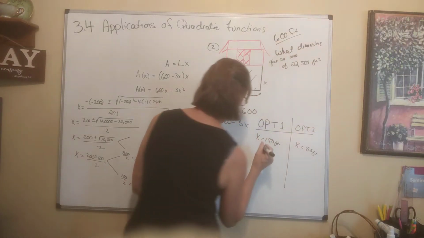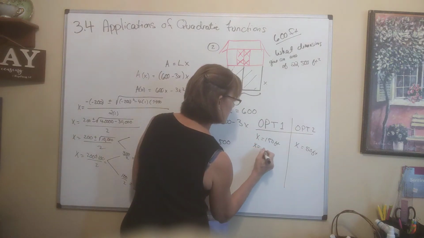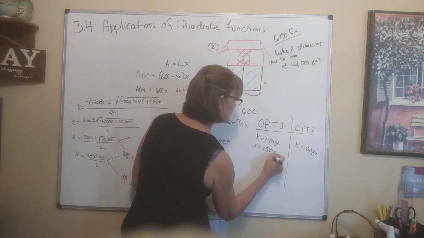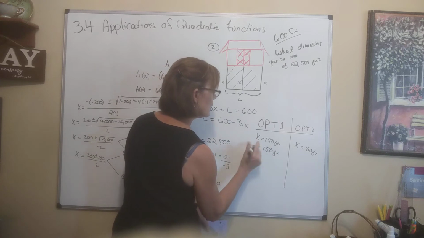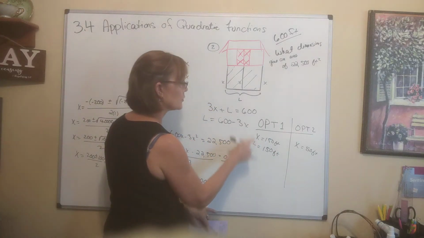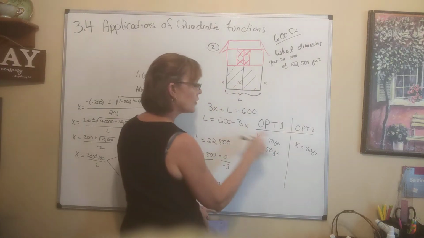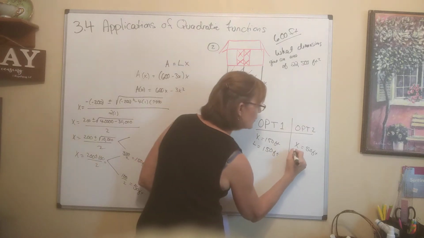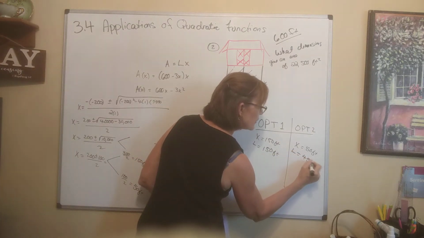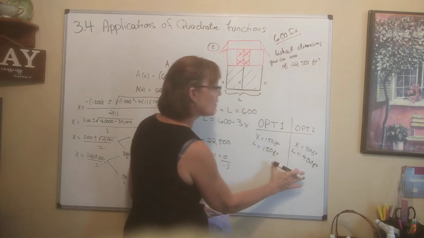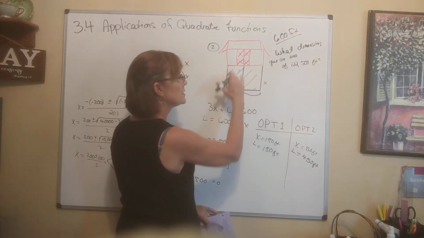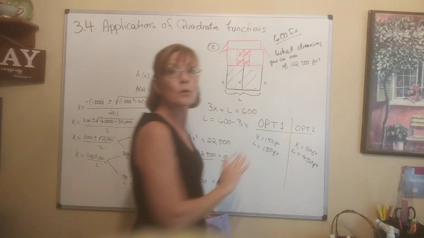I mean, L would be 150. This would make a square region. Okay, if you only let x be 50, what would L be? L is going to be 450 feet. So we have two options available to give us the same square footage if that's what we were after.